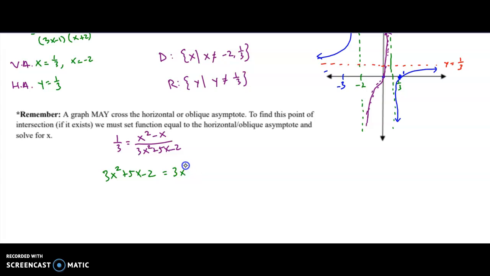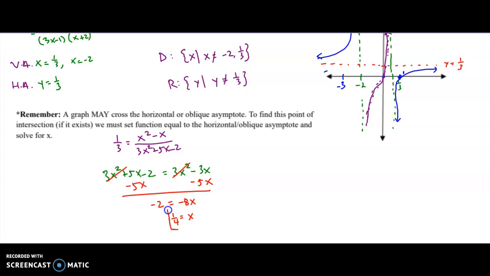So that's 3x squared minus 3x. Okay. And the 3x squareds would cancel out, right? Then I'm going to subtract 5x from both sides. That's going to be negative 2 is equal to negative 8x. And x is going to turn out to be positive 1/4.